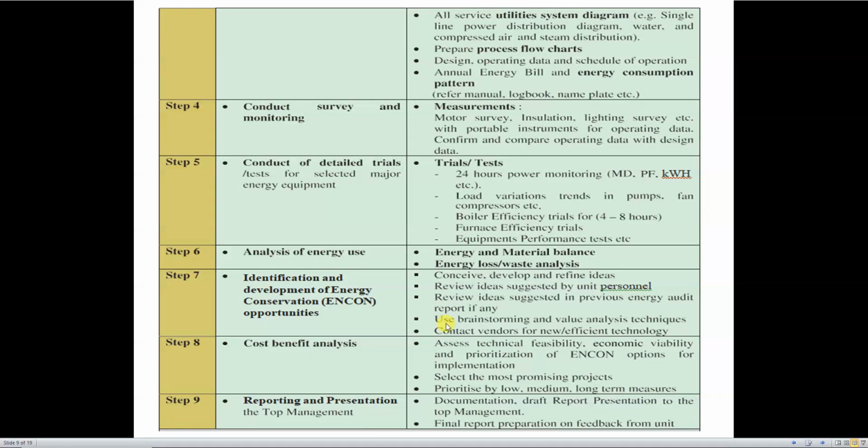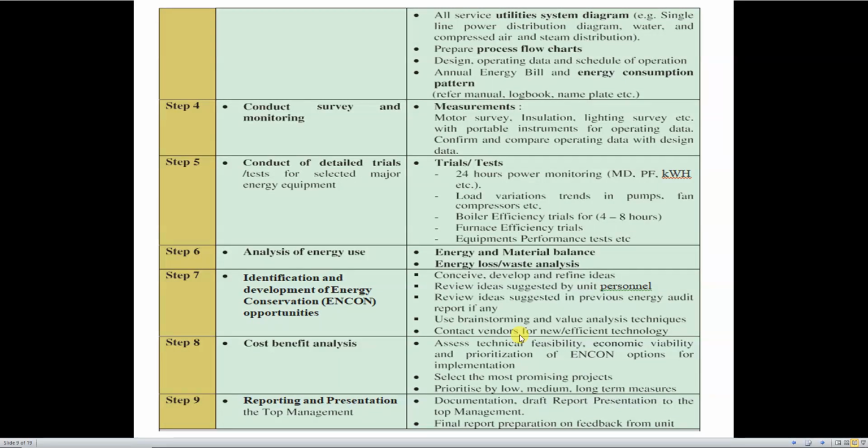Then you have to use brainstorming and value analysis techniques in order to find the energy conservation opportunities, and the ideas depend on what the person's brain is thinking at that time. Then you can also contact different vendors for new or efficient technology. Here you can outsource to different vendors.